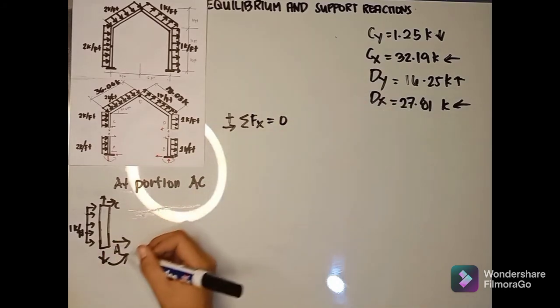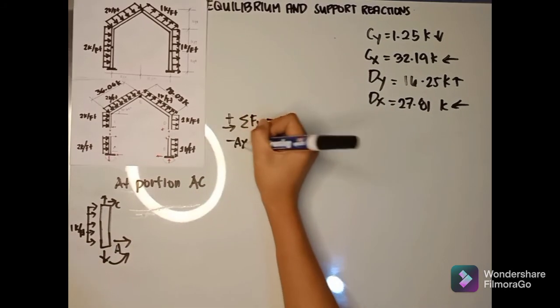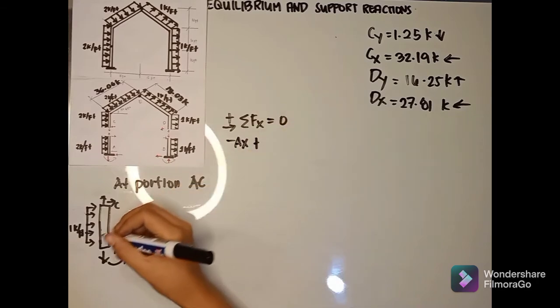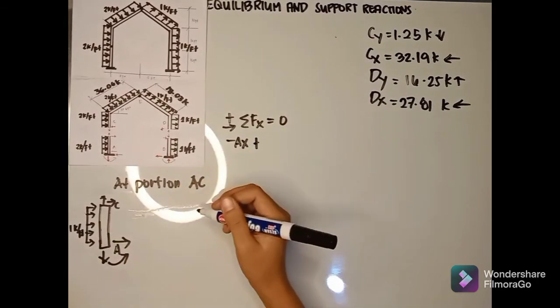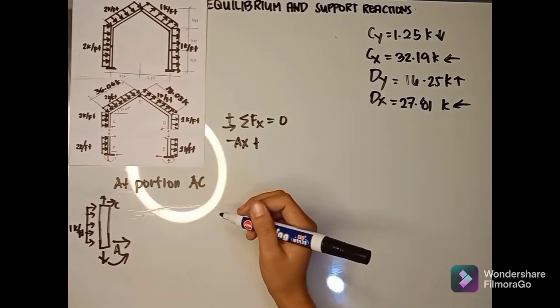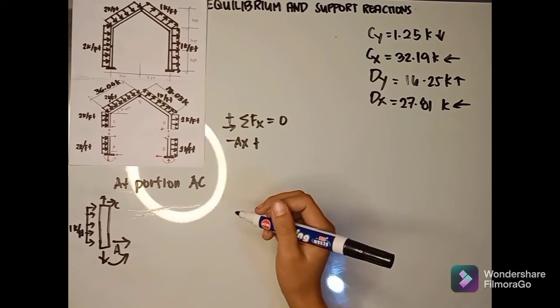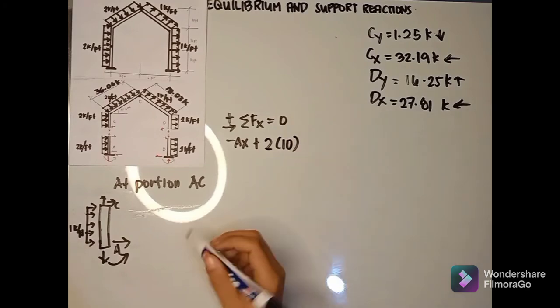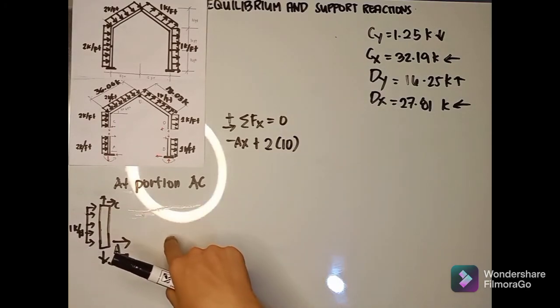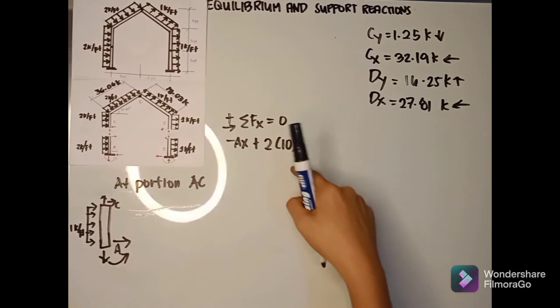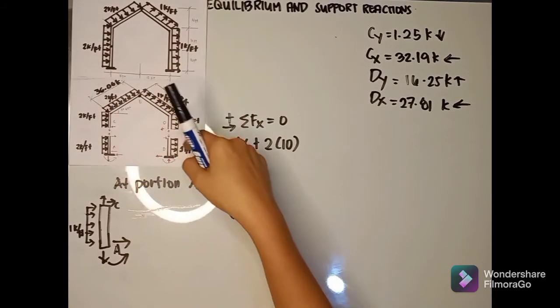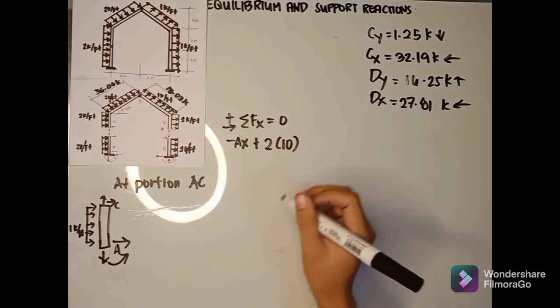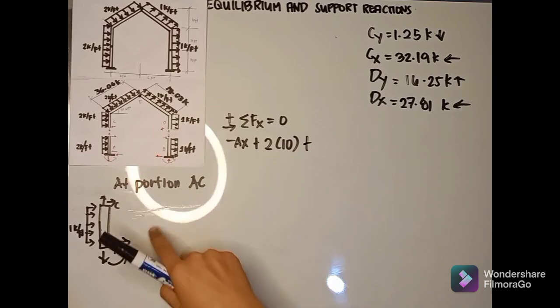So, negative AX plus 2 times 10. So, 2 times 10 kasi may 1 dito tsaka may 1 dito. So, kinumpay na lang natin para isahan na lang.